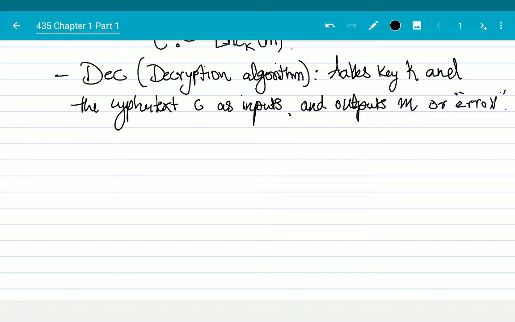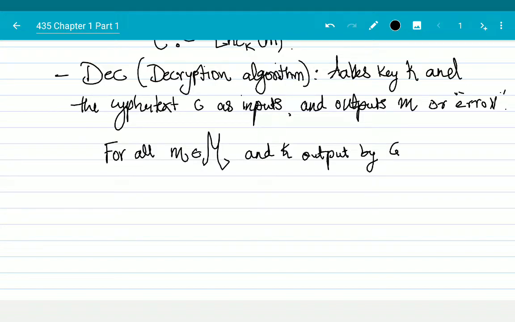Okay, so for this, what is the major important thing? I can create these algorithms, great. And for all M in the message space and K output by the generator, the most important thing that should happen is that decryption under K of the encryption under K of message M should be back to message M, right?